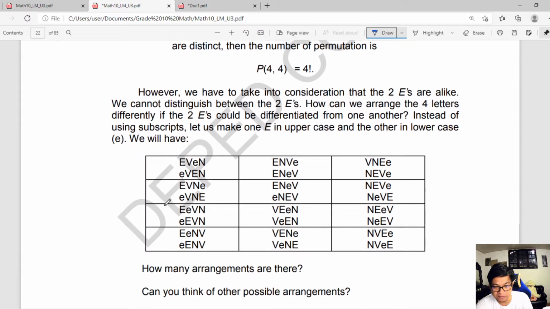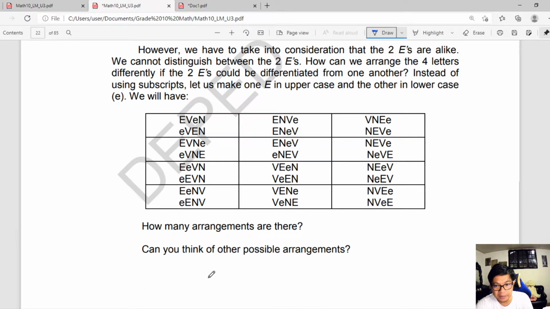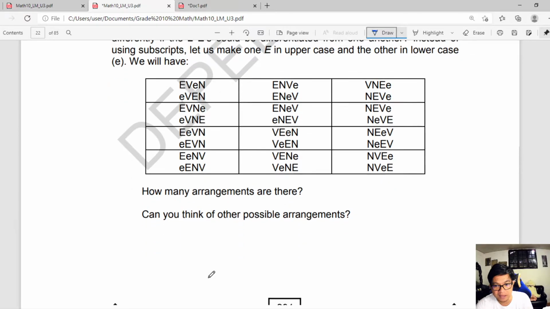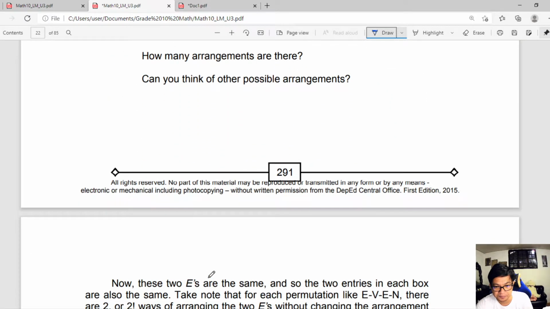So, we have these arrangements of even. Pakita nyo yung isang E is small letter, even, evne, even. So, ito yung mga possible arrangement ng letters. How many arrangements are there? Can you think of other possible arrangements?